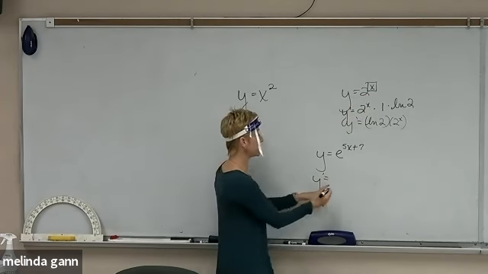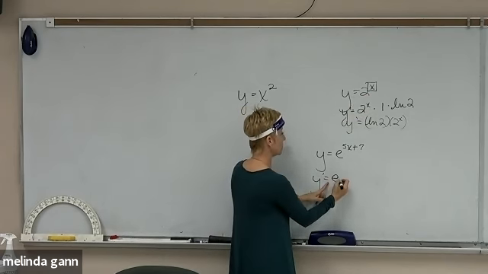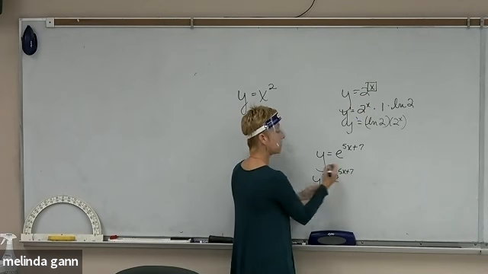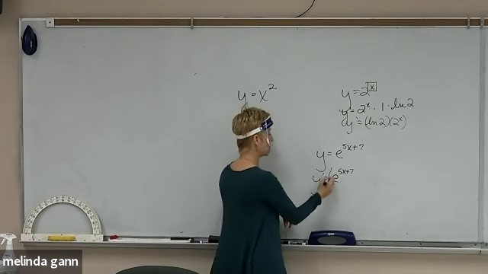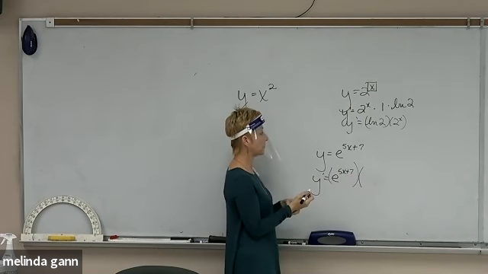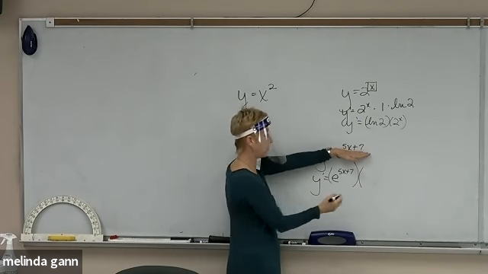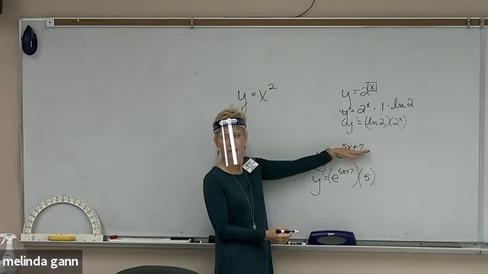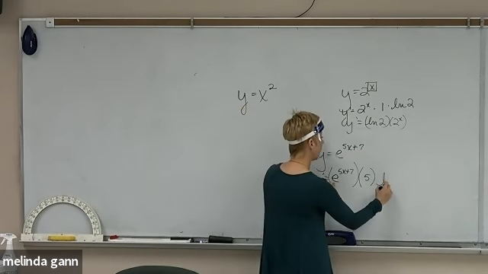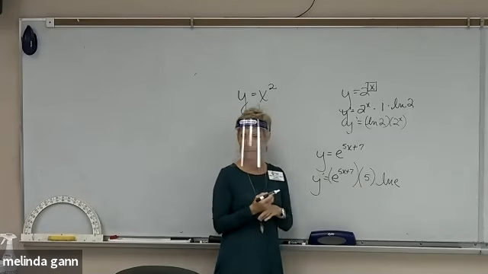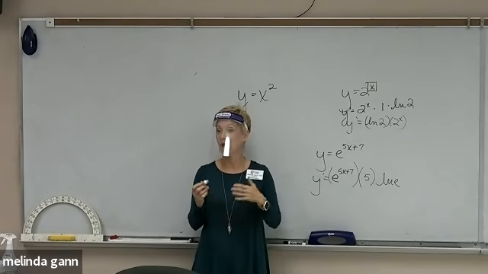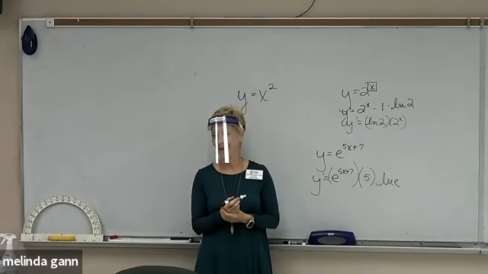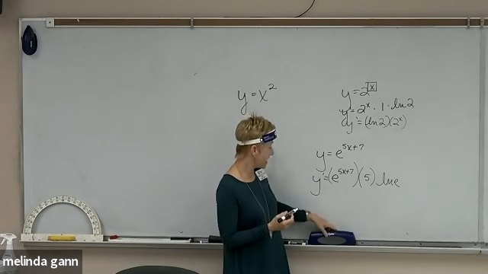So what's my derivative going to be? It's going to be that number to that same variable power times the derivative of that power, which is 5, times the natural log of that numerical base. But what's the natural log of E? 1. So this part never shows up.